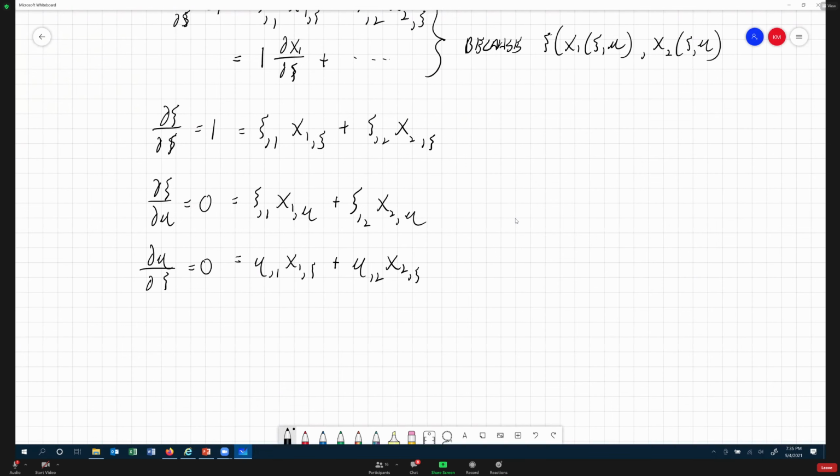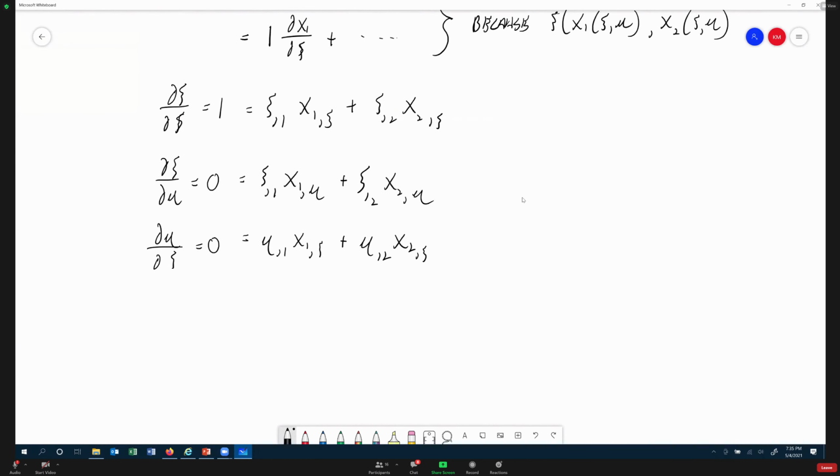We got 4 of them there? No, I have one more. The partial of nu with respect to nu is equal to 1, which is equal to nu comma 1 X1 comma nu plus nu comma 2 X2 comma nu.